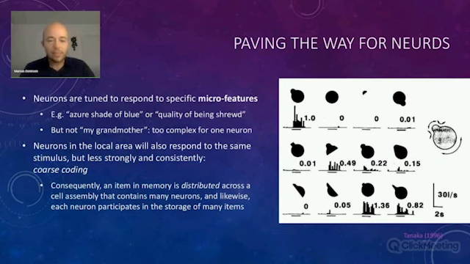And in the same vein, every neuron is participating in the storage of many items. So when I said to you earlier that memories are moved from the hippocampus into a more wide distribution across the cortex, that's essentially what's happening, that there are neurons that respond to all sorts of different things. And when you put those together, you get the memory that you think you're accessing, that is your grandmother.